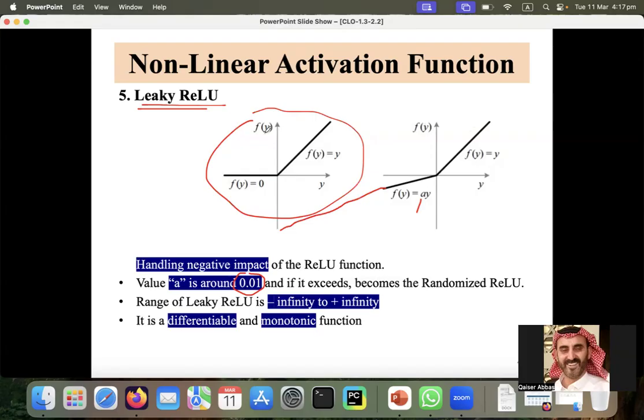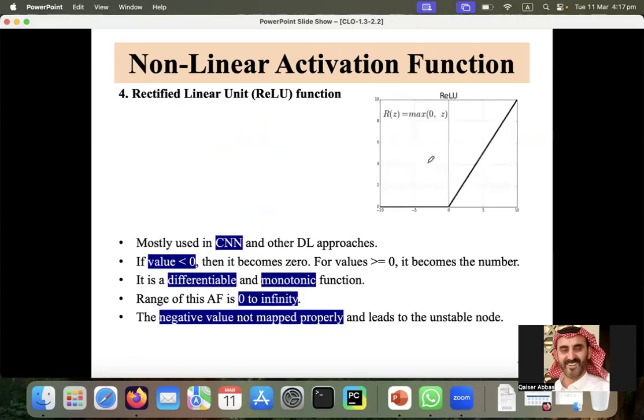So here in this ReLU activation function, we handled basically that negative portion which was here, and for that we were saying that this activation function is not able to map negative values properly.